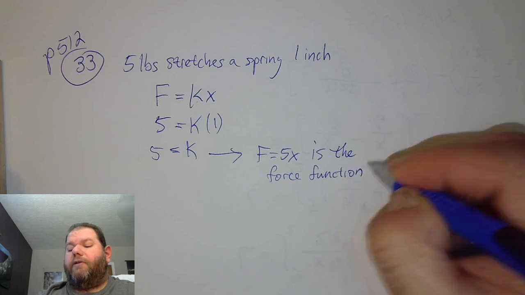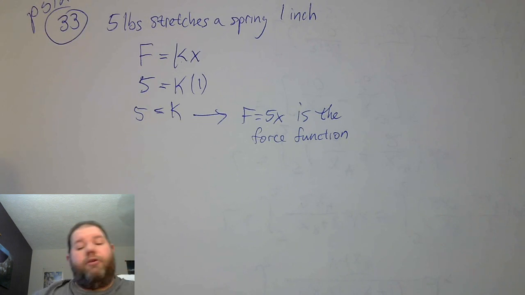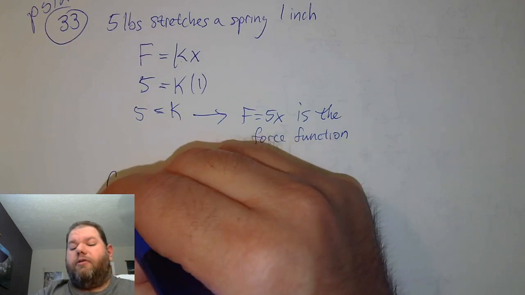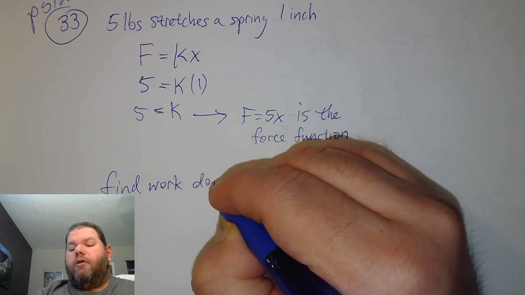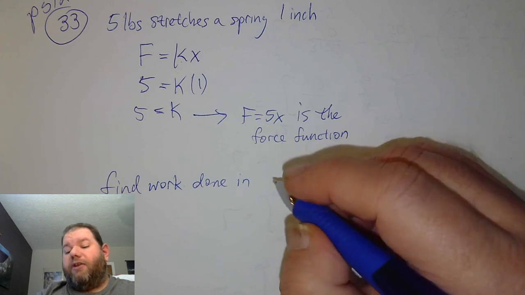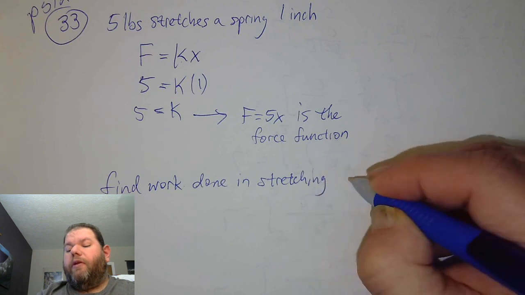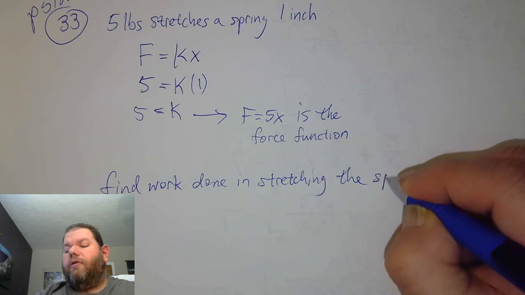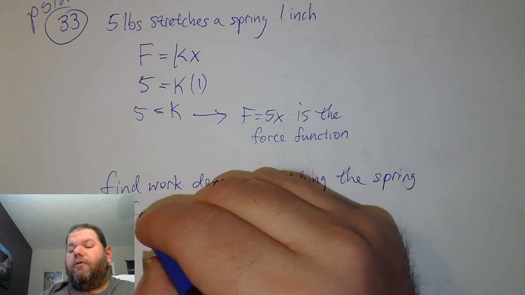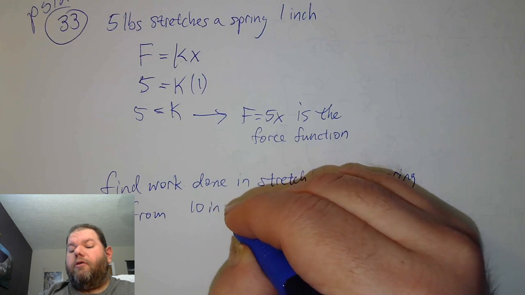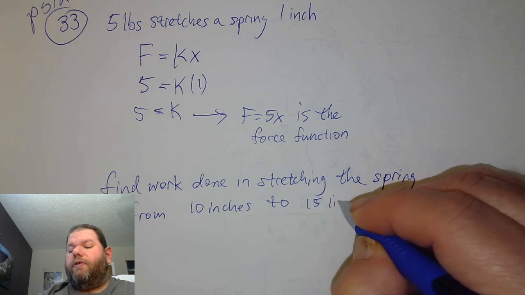So we establish that. And then we look at the next part of the problem. It says that we want to find the work done in stretching the spring from 10 inches, which is the natural length, to 15 inches.